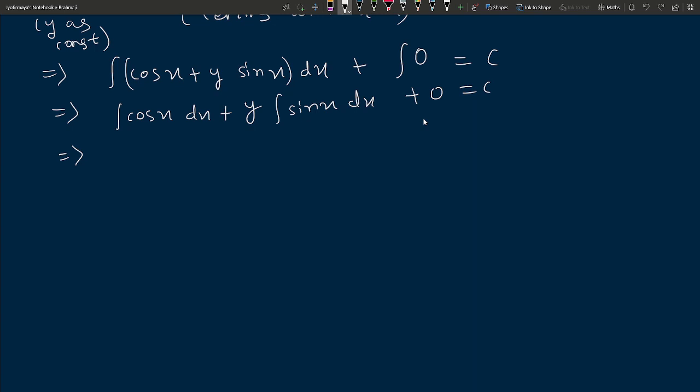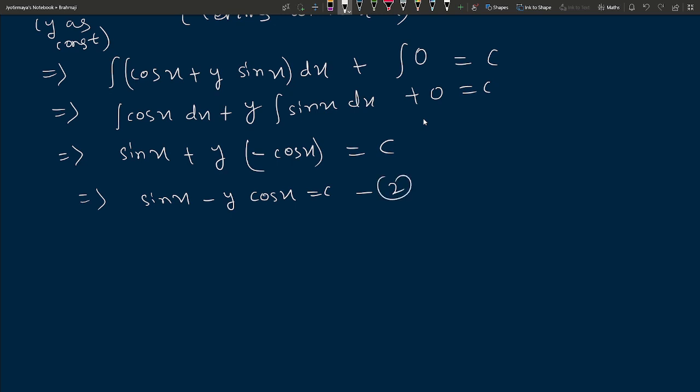Integration of cos x is sin x, and y into integration of sin x, which is minus cos x, equal to c. This is sin x minus y into cos x equal to c. Now this is your general solution.